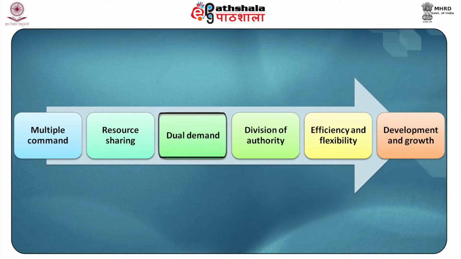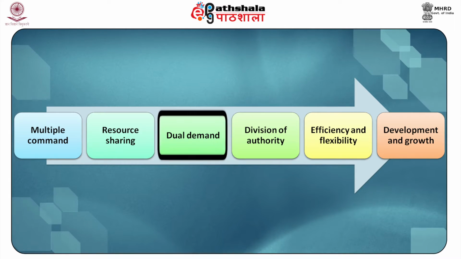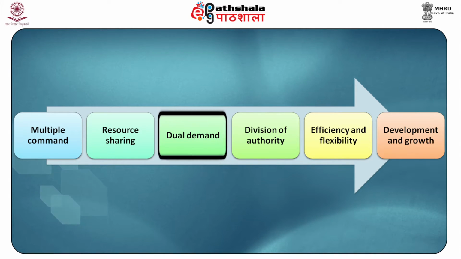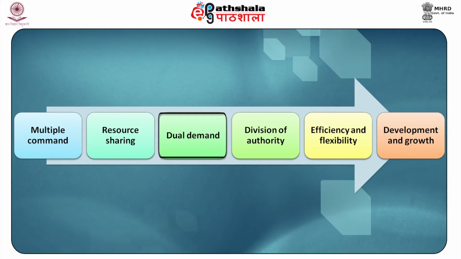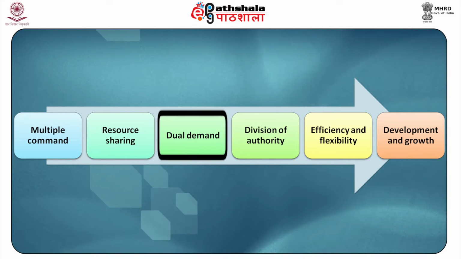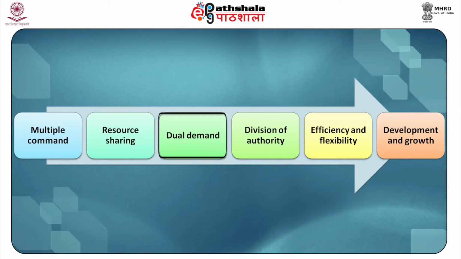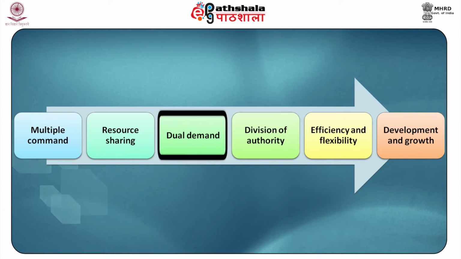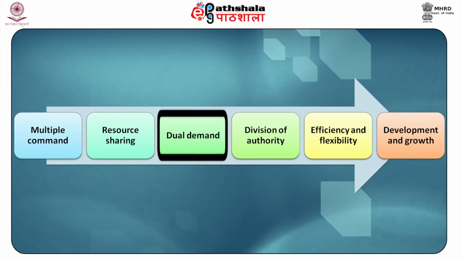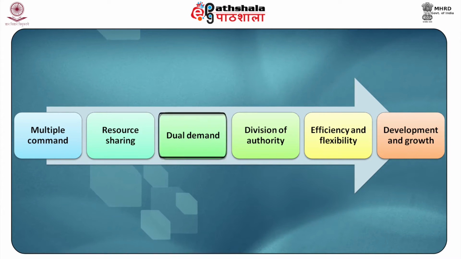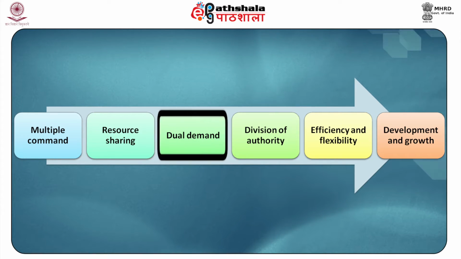The structure helps such organizations to meet the dual demands of maintaining technical excellence and meeting the customer requirements. The matrix structure helps in meeting the dual demands by allocating resources across different products and by adapting the organization to the changing external environment.